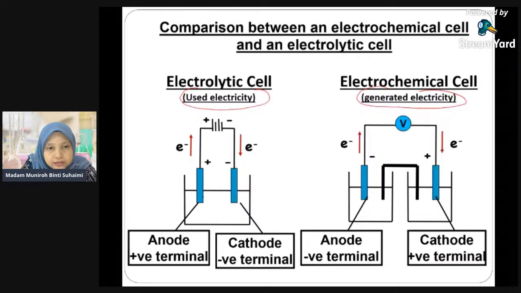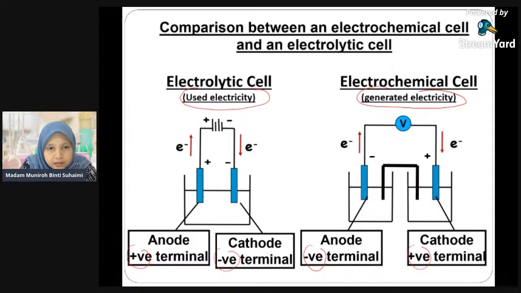Another difference is the terminals. For the electrolytic cell, the anode is the positive terminal, and for the electrochemical cell, the anode is the negative terminal. For the electrolytic cell, the cathode is the negative terminal, and for the electrochemical cell, the cathode is the positive terminal.